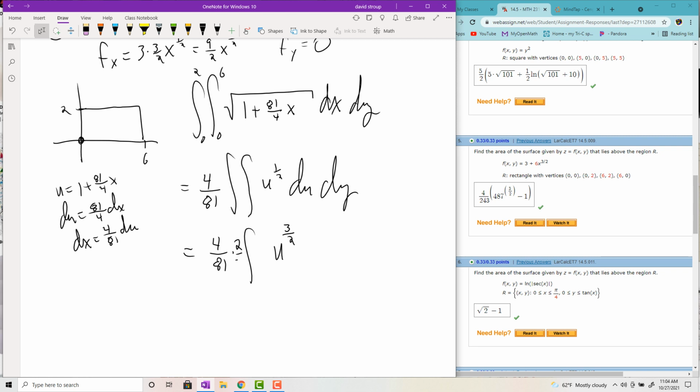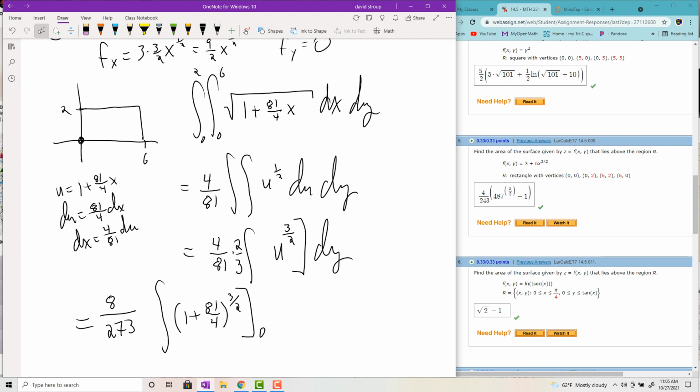Let's put the 2/3 on the outside. And then I need to evaluate this eventually after I back sub. On the outside, then, I'm getting 8 all over 243 times the integral of 1 plus 81 fourths x to the 3 halves, evaluated from 0 to 6, then dy.